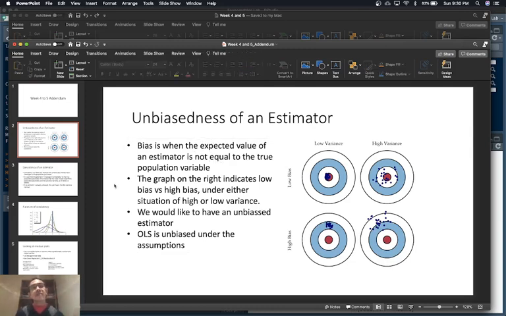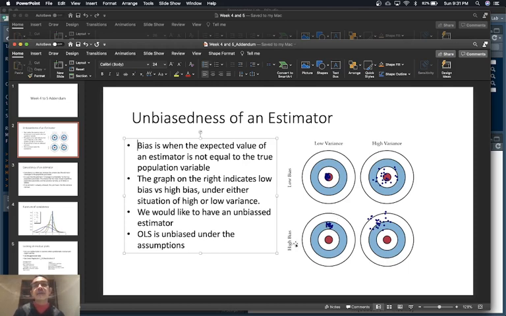I will upload this corrected one because that's important. The graph on the right indicates low versus high bias, and high variance versus low variance. What we'd like is a low bias and low variance estimator, so that every time you collect samples, the estimator will give you an estimate near the true population value, which is the red dot.